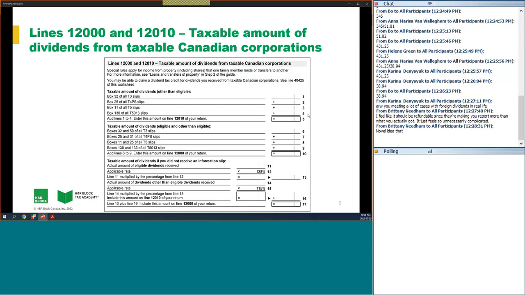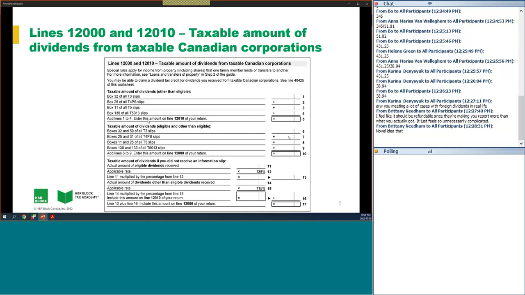All right, so we have now looked at the top part, which is dividends from Canadian corporations on our federal worksheet. And then, of course, we're going to take that number and put it on the correct line, either 12000 of the tax return, unless it's a foreign dividend, and then it goes on line 100 of the tax return.